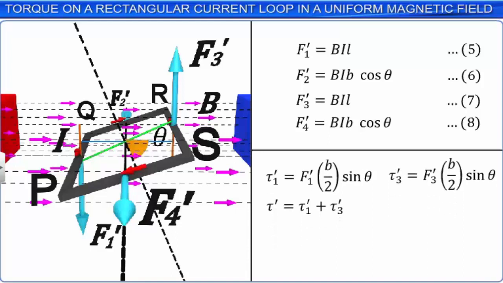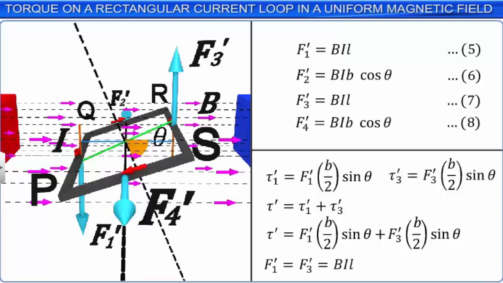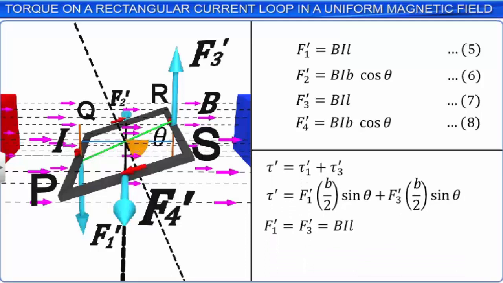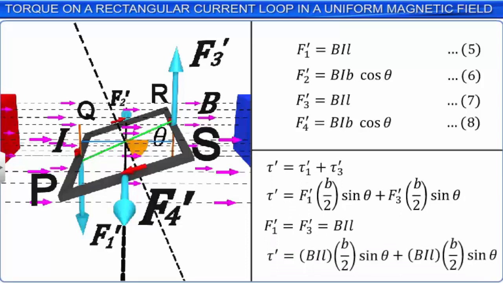This is equal to F1' b/2 into sin theta plus F3' b/2 into sin theta. But F1' is equal to F3', and both are equal to BIL. Then, τ' is equal to BIL b/2 into sin theta plus BIL b/2 into sin theta.